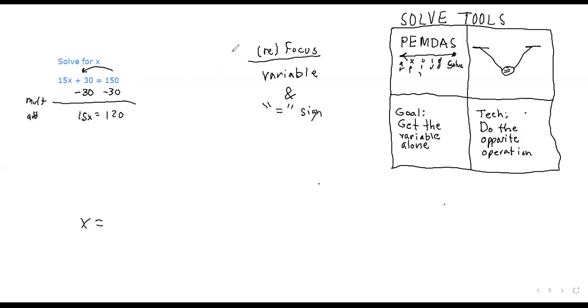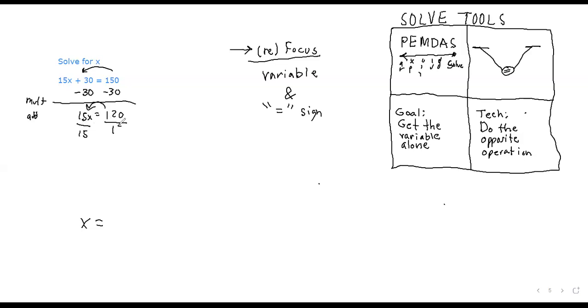Now what do we do? We refocus on the variable side of the equal sign again, and again we see what operation is happening to our x. This time we're multiplying the x by 15. So what are we going to do? Our technique is to do the opposite operation, so we're going to divide the x by 15. And remember, whatever operation we do on one side of the equal sign, we have to do the same operation on the other side.